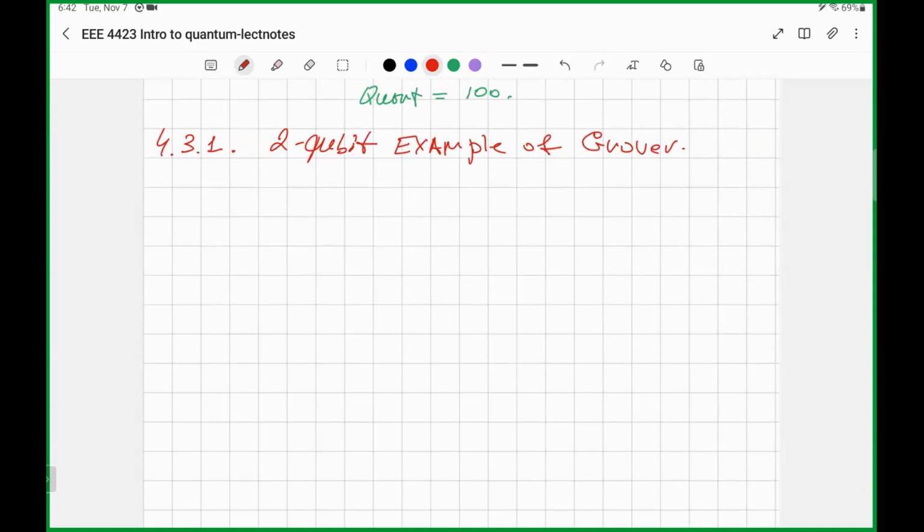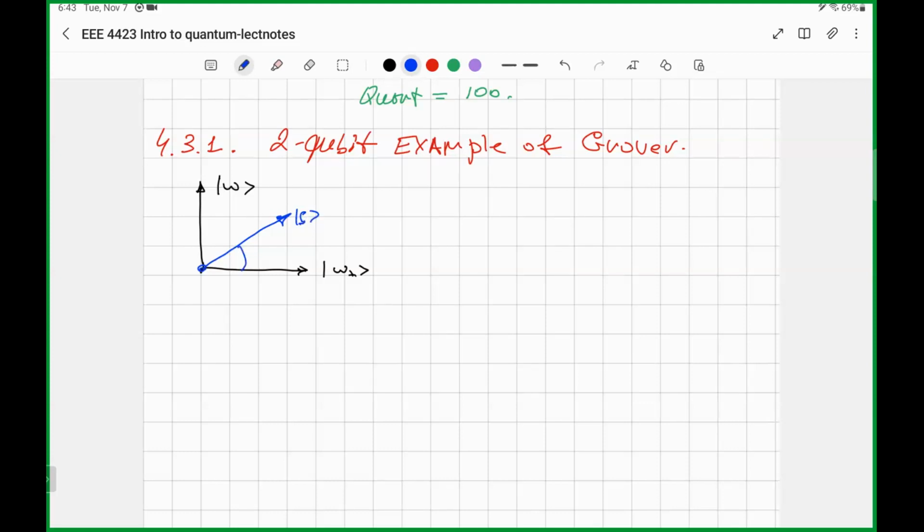So in this case, again, we encode the information in the state omega, and we can find the orthogonal state omega orthogonal, okay? And of course, we can prepare the superposition state as state s.